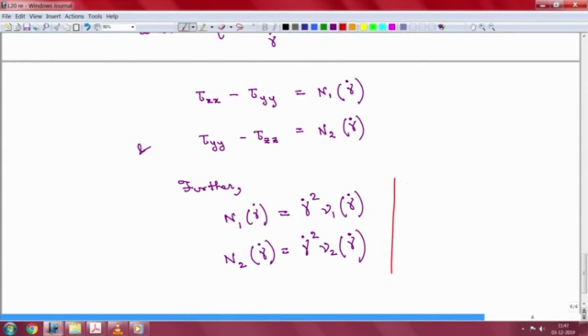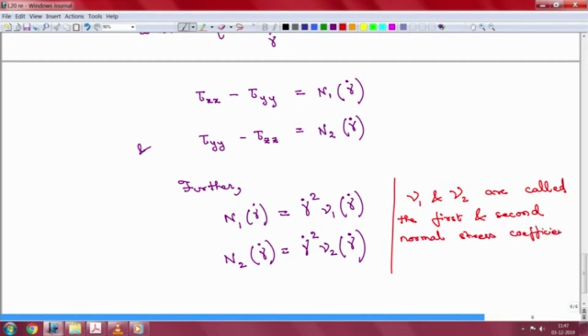So we have two functions here, and mu 1 and mu 2 are called the first and second normal stress coefficients, respectively. And they are important because they are material properties.